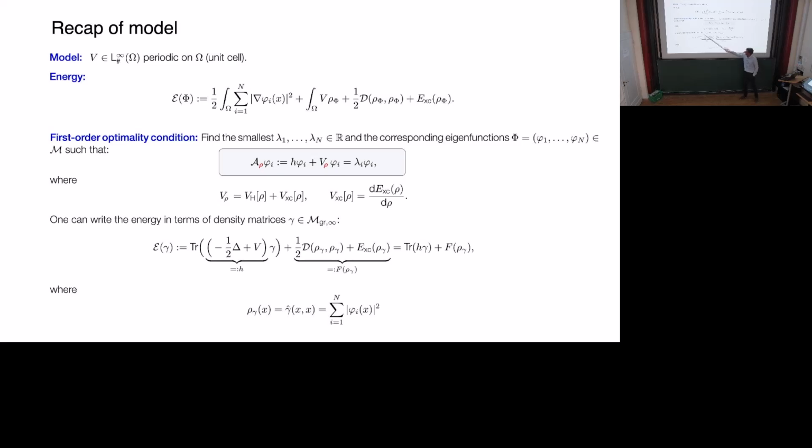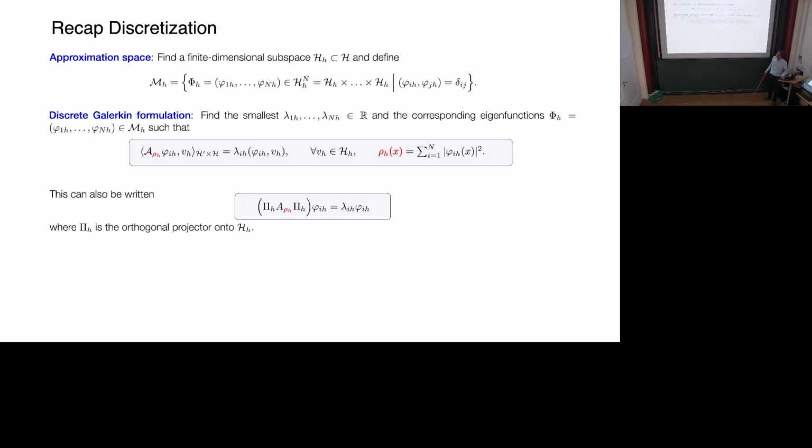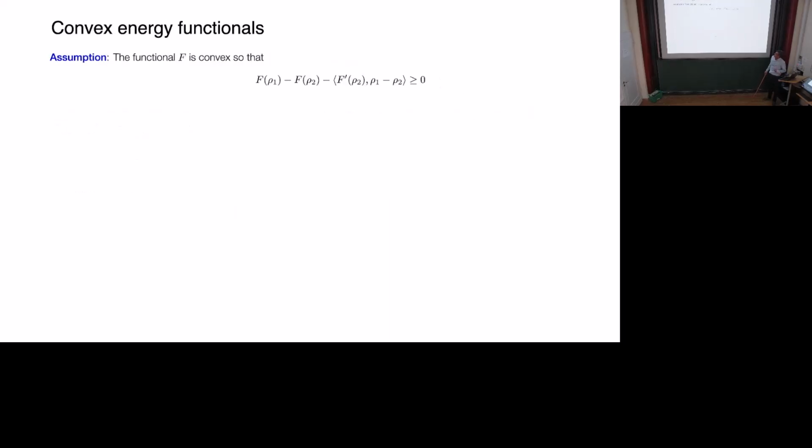It's the trace here of this fixed Hamiltonian. This is the linear part, this is H, plus this is just the f of rho. And in the following, we're going to assume that this f of rho is convex. What does convexity mean? That means that this is non-negative. So we assume this.